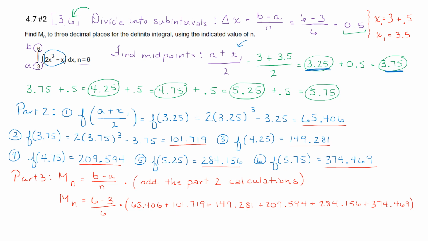And so when we work that and round to 3 decimal places, we get 592.313. I hope you find that helpful.